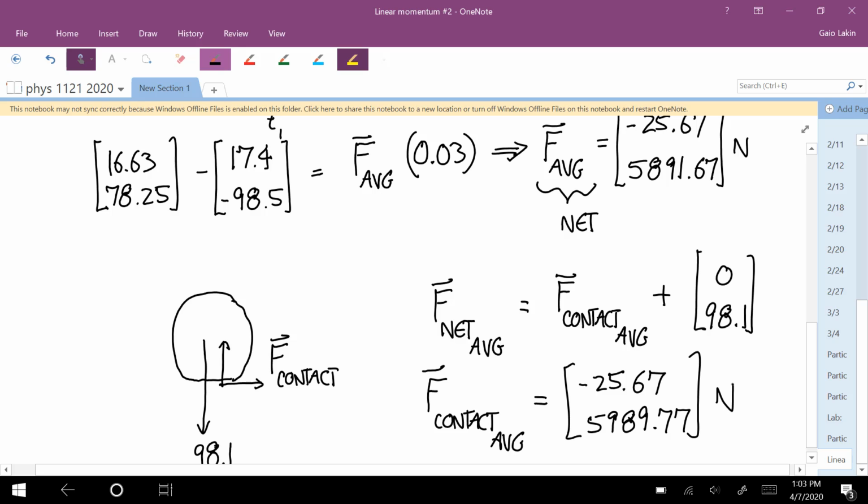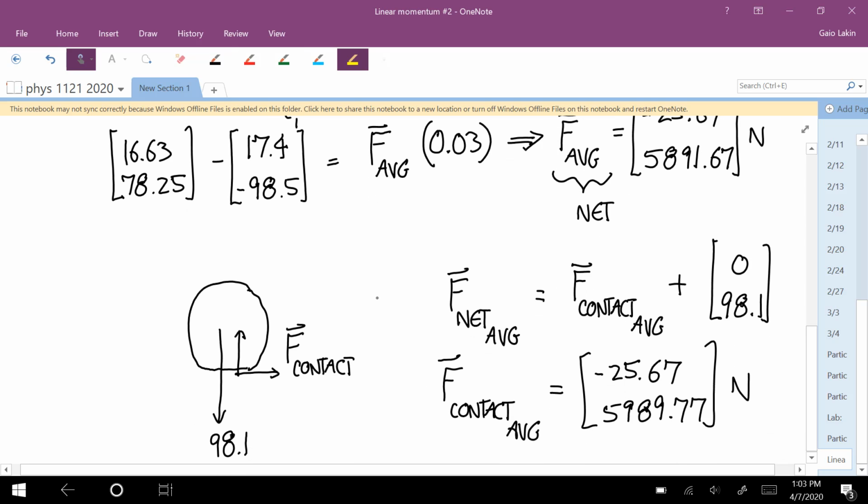But the idea here is often with these short duration collisions, the force over that small amount of time is so big that the weight force is kind of dwarfed by everything else going on. So you can see, percentage wise, thinking of that contact force as being equal to the net force didn't really mess up our answer by a very big percentage, because the contact force is so much bigger than the weight force.